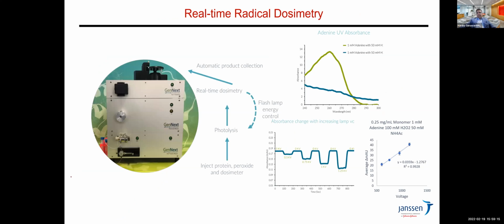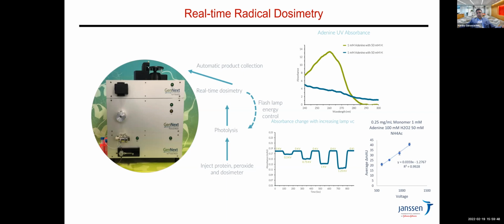In this particular technique, a variant of this FPOP method known as FOX does not use a laser. And in this technology, we are using adenine as an excellent radical dosimetry internal standard. So upon irradiation, in the presence of hydrogen peroxide, adenine loses UV absorbance as shown in the blue plot above. When irradiated with UV light in the absence of peroxide, its UV absorbance spectrum is relatively unaffected as shown in the green trace.